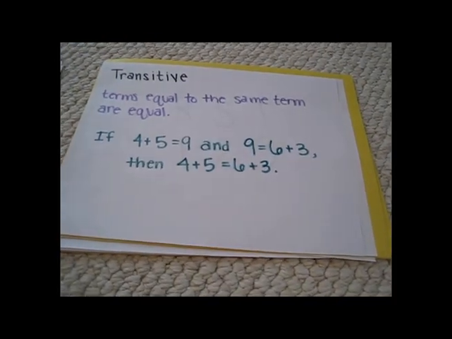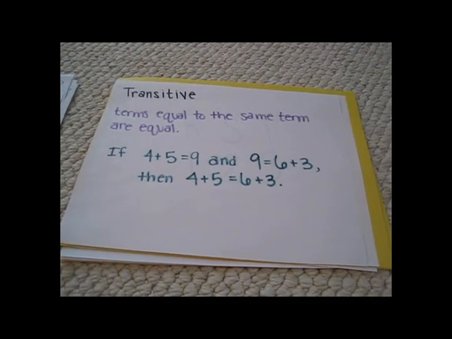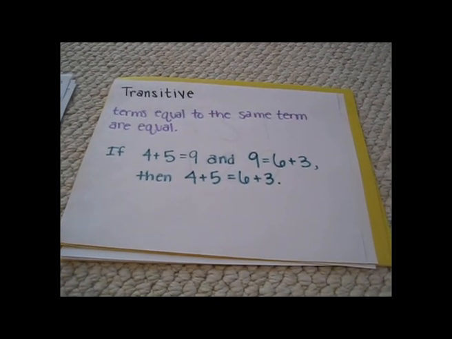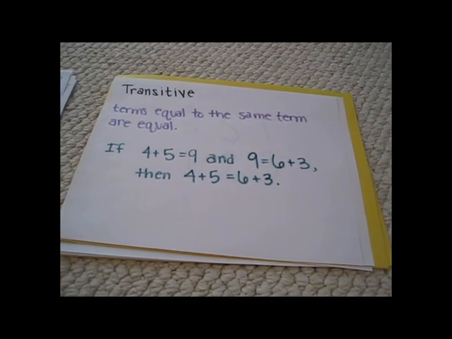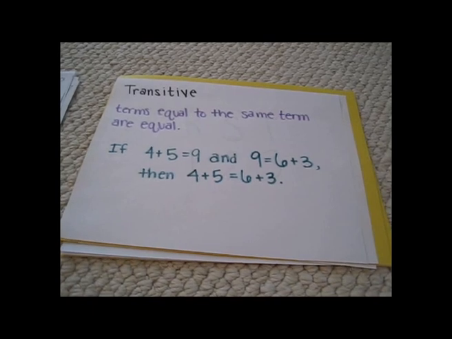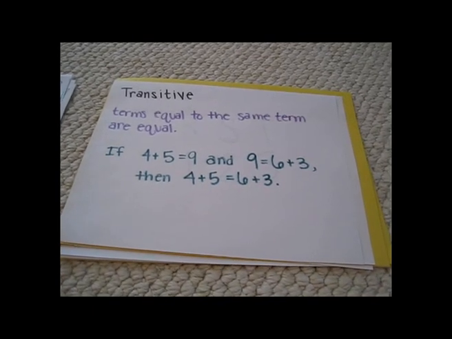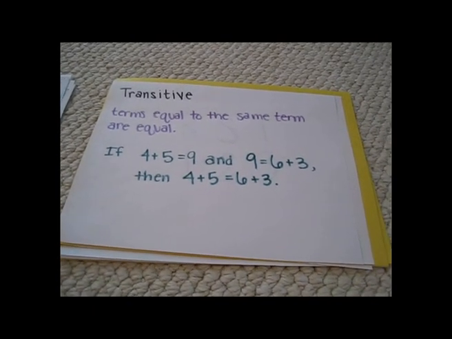The transitive property is where terms equal to the same term are equal. So if 4 plus 5 equals 9, and 9 equals 6 plus 3, then 4 plus 5 equals 6 plus 3. You basically drop the middle term.